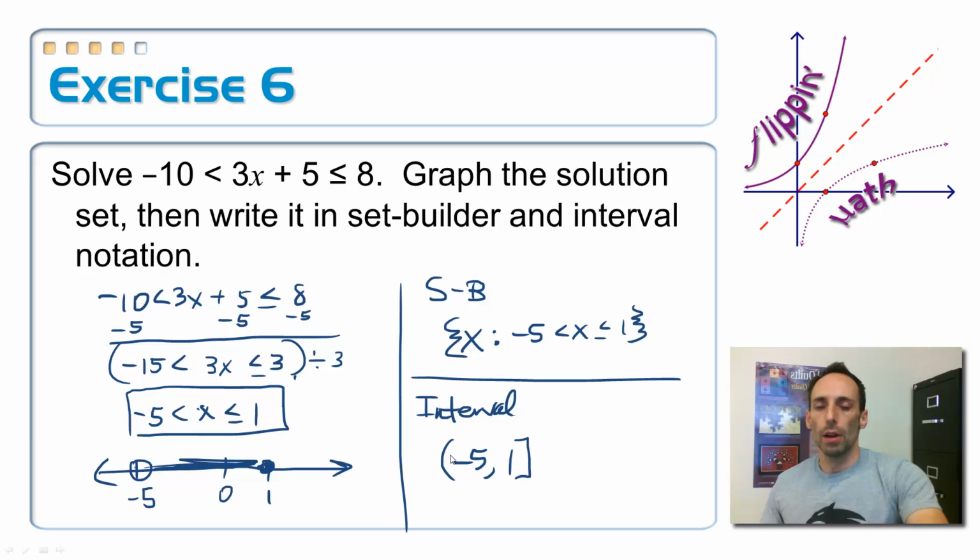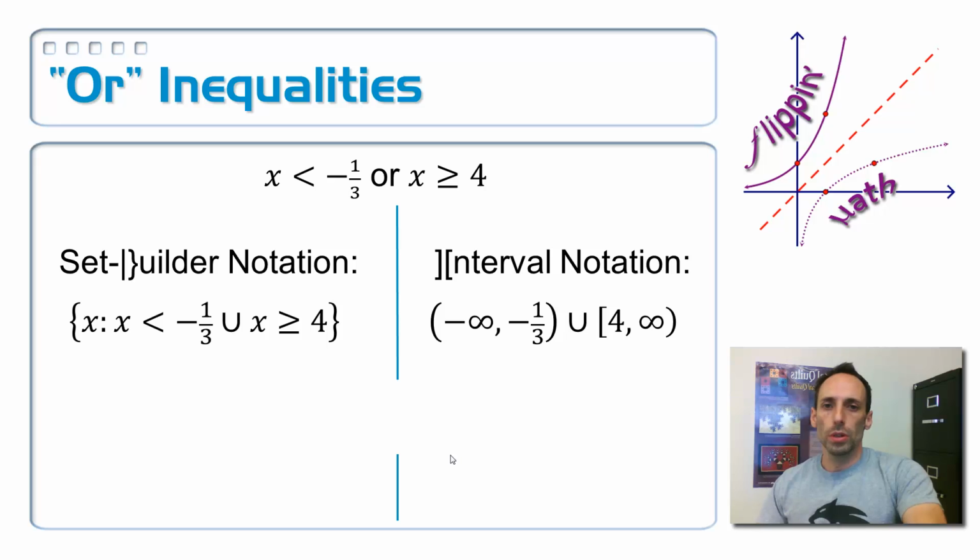All right. How about those notations with "or" inequalities? Remember, "or" inequalities, whenever you graph them, are rays going in opposite directions. And I have 2 separate little statements, this one or that one. So for set builder notation on the left-hand side, again my little reminder, set builder, curly brackets.